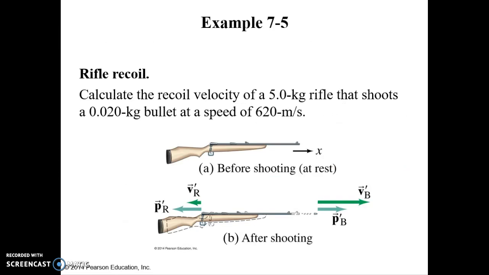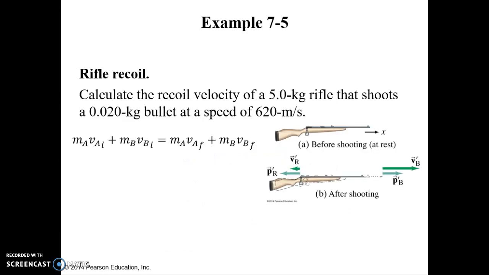In our next example, we have to calculate the recoil velocity of a 5 kilogram rifle that shoots a .02 kilogram bullet at a speed of 620 meters per second. Again, we start with the conservation of momentum equation. But in this example, both objects start from rest.